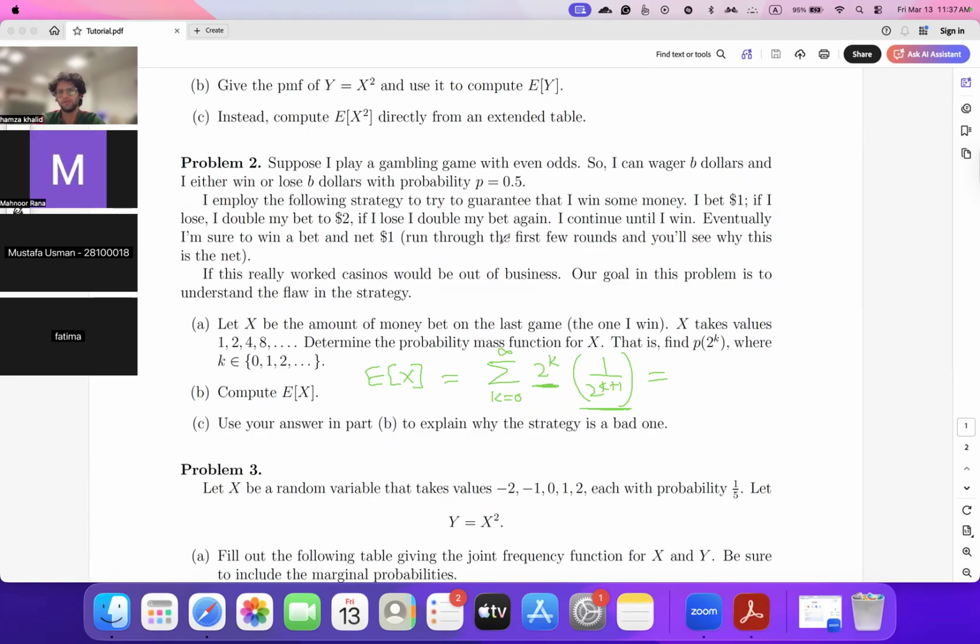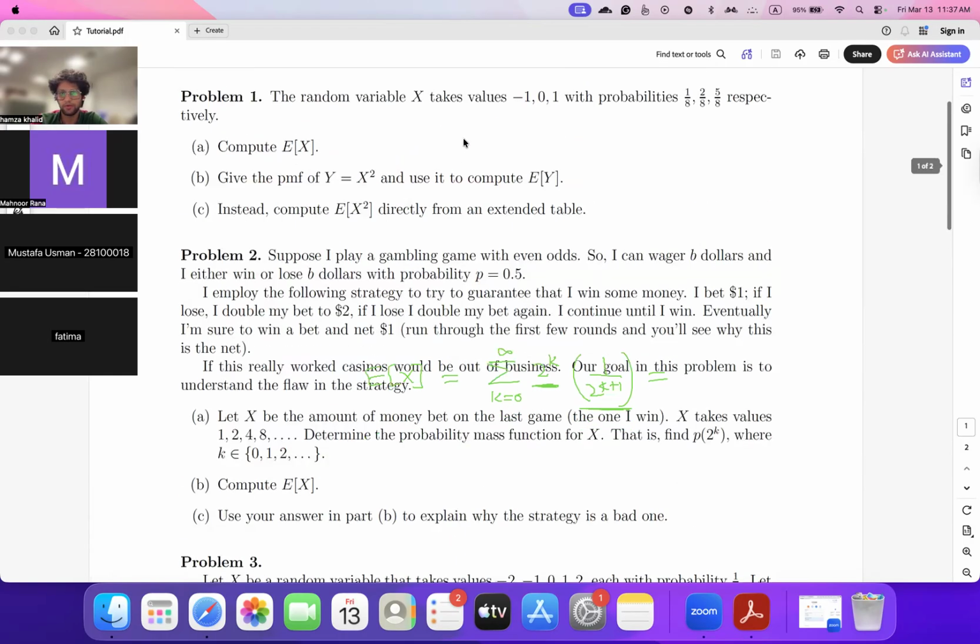This is my PMF, and this is the realization of my random variable. Just like we did here, on the first example, we had like -1. What was happening here was that I was just summing those up. So -1 times 1 by 8. This was the probability that my X takes on -1, the realization, which is 1 by 8, times X equals -1.